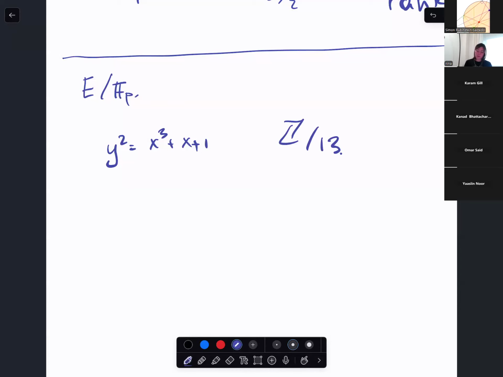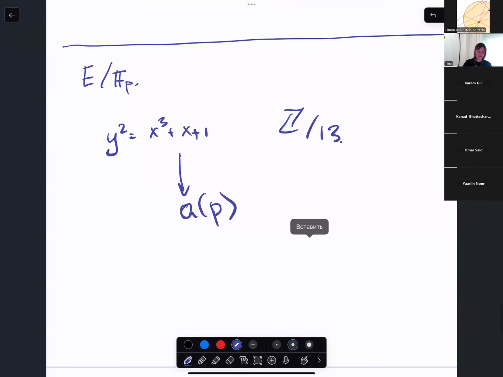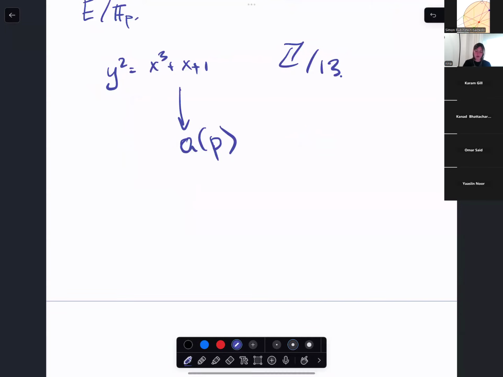So there are finitely many pairs of x and y that you can plug in, right? There's 13 x's and 13 y's. And by plugging in all of them, you can find the exact number of solutions to this equation in Z mod 13. And it turns out, okay, so from that you can produce a coefficient, which I'll again, for a good reason, call a_p. So just think of it as, it's not exactly the point count, but just think of it as being the number of solutions in modular arithmetic.